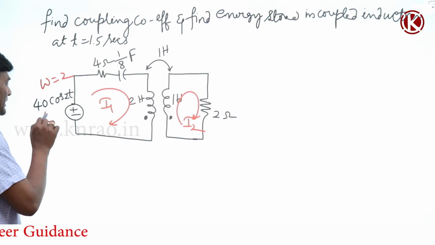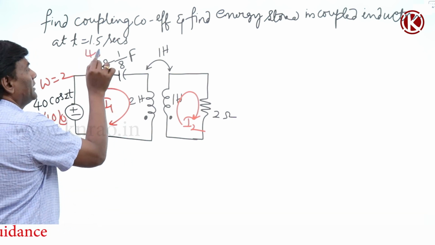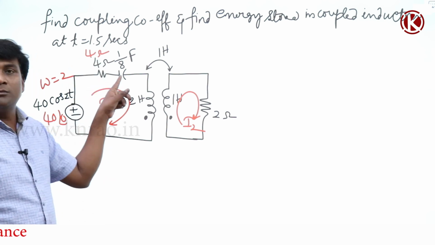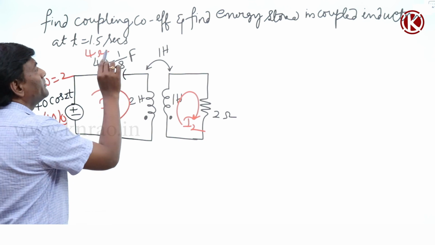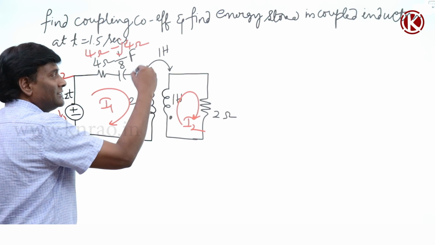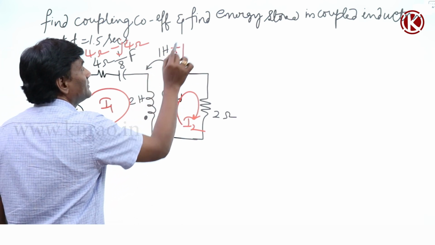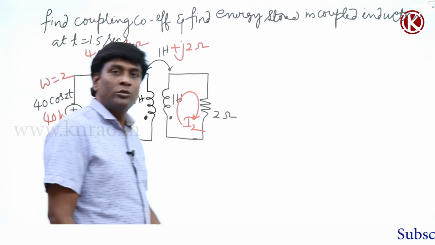So this can be 40 at an angle 0, and this is 4 ohms only. This is going to be minus j by omega C, which is minus j4 ohms. Here this is 1 Henry, so this is going to be plus j2 ohms, because omega equal to 2.